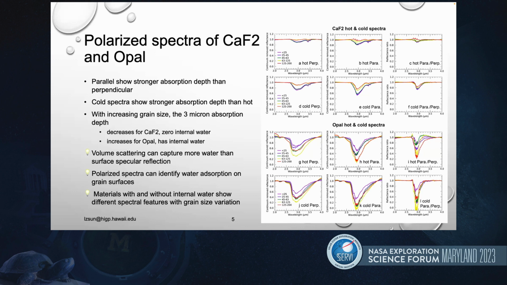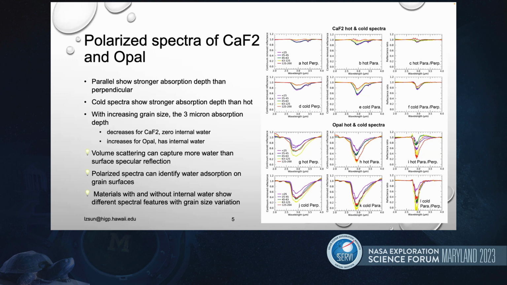There are also some differences between the two samples. If you look at the calcium fluoride spectra on the top panel, from purple and blue to red, these are grain size increasing. But if you look at the spectra, smaller grain sizes of calcium fluoride show a stronger absorption depth at 3 micron. And if you look at the opal sample in the bottom panel, the smaller grain sizes show weaker 3 micron absorption.